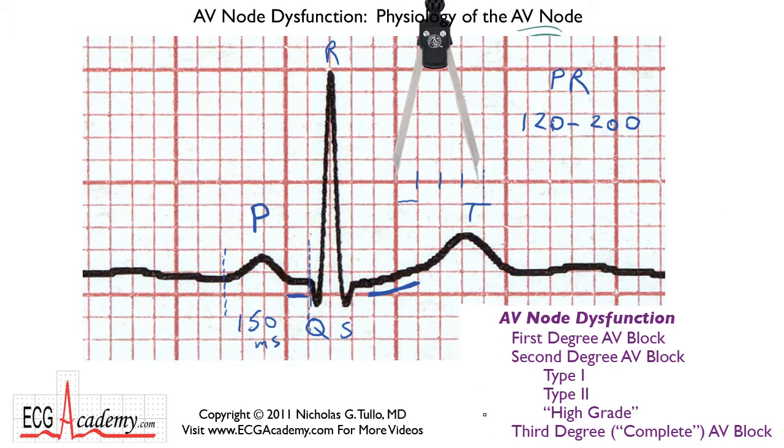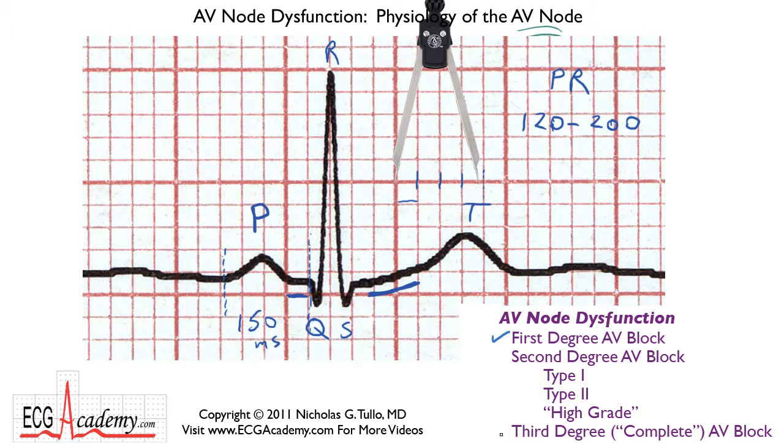Now, the way you have to first approach this classification system is to understand that there are 3 different degrees of AV block. There's first, second, and third degree. The easiest way to get your brain wrapped around these is to first understand that in first degree AV block, all the P waves conduct to the ventricles. It just takes a little bit longer.